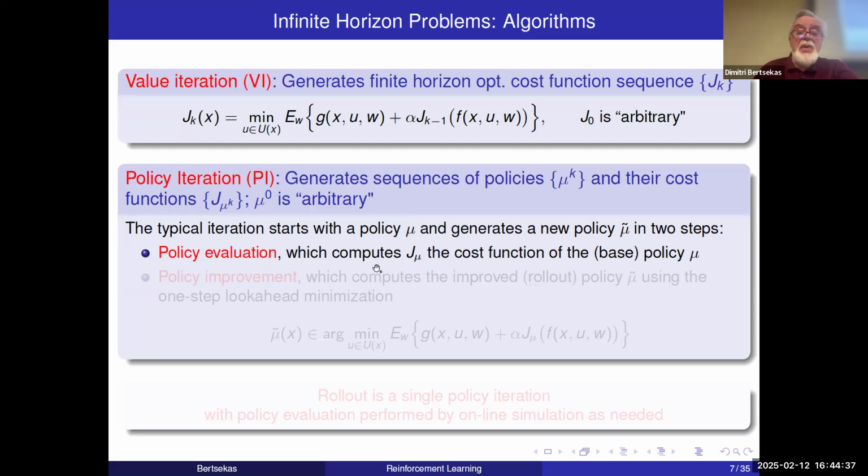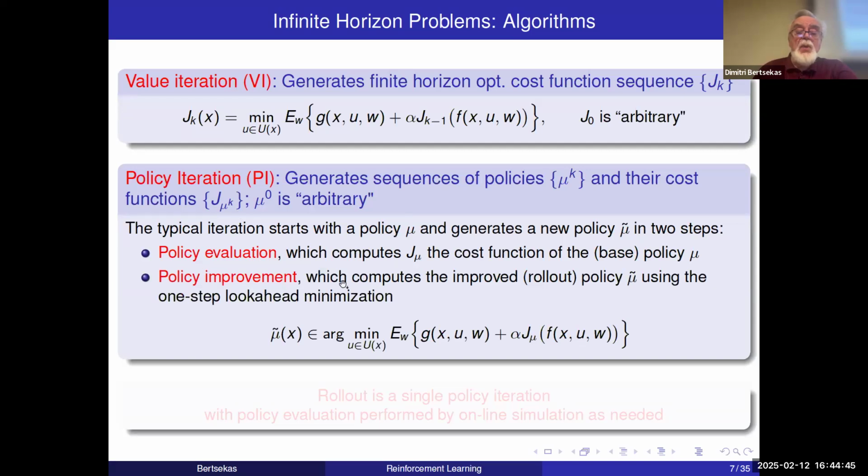Policy evaluation, which computes J mu, the cost function of mu, and then policy improvement, which computes the improved policy mu tilde using the one-step look-ahead minimization, where in place of J tilde, we use the cost of the policy we started with.